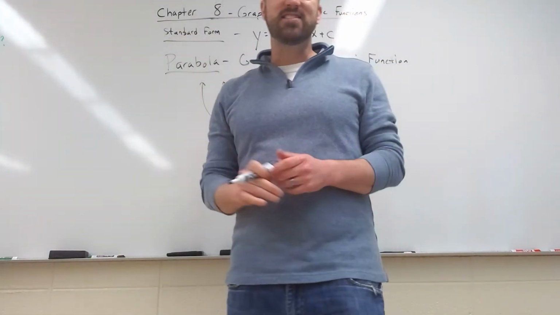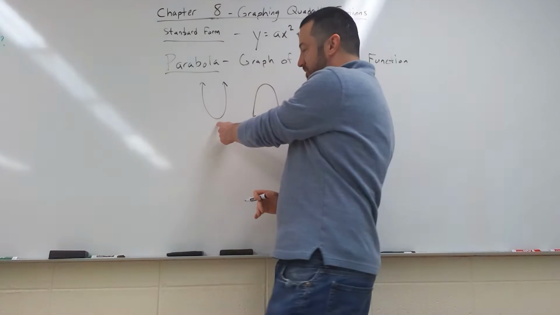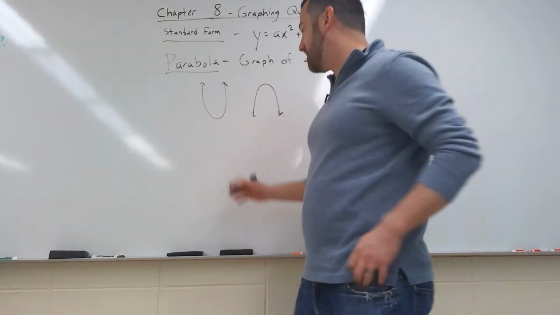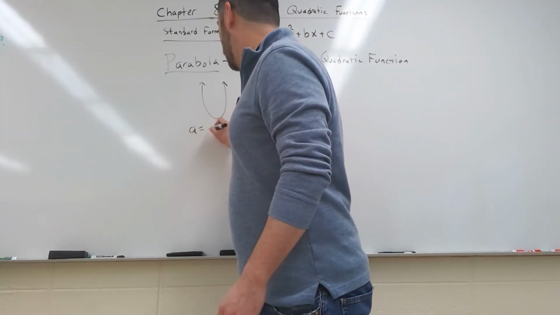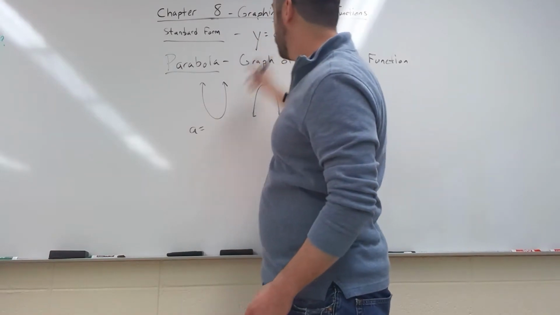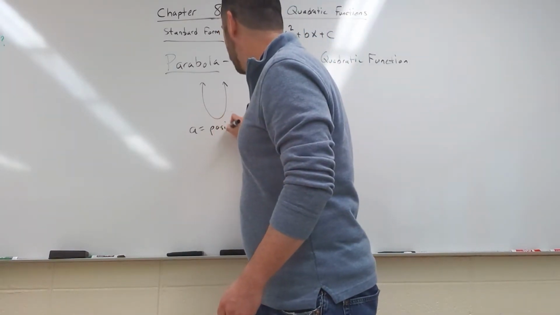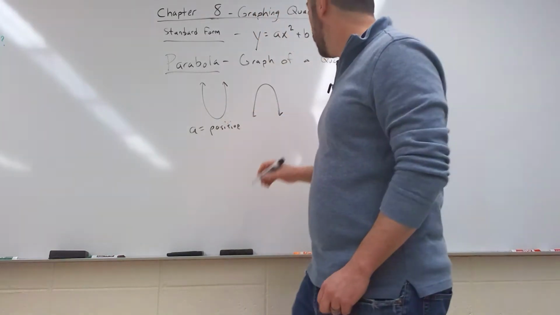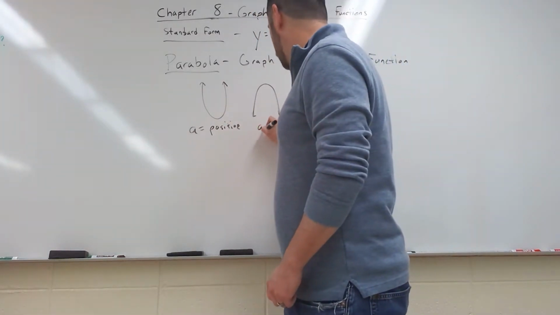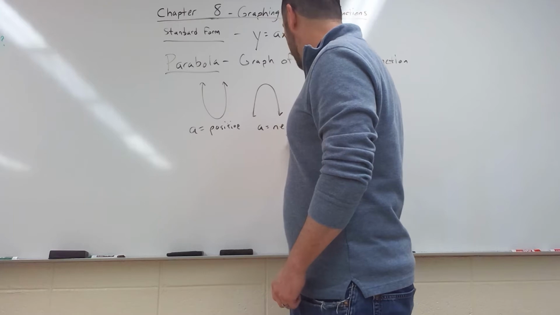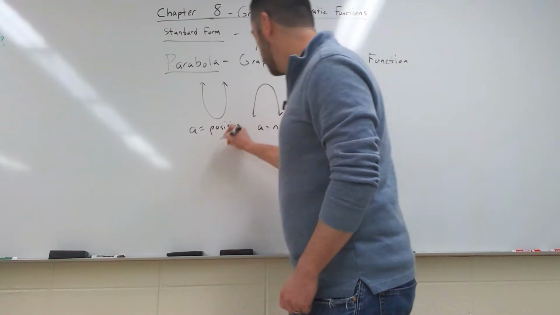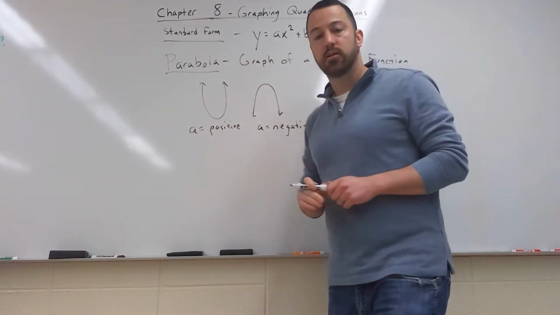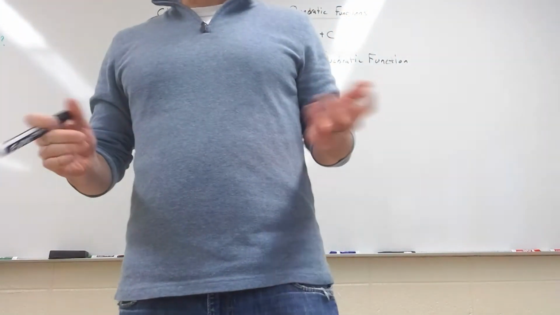And the thing that decides whether it looks like a U or an upside down U is a right here. If a is positive, we get our U. If a is negative, we get our upside down U. So that's a parabola.